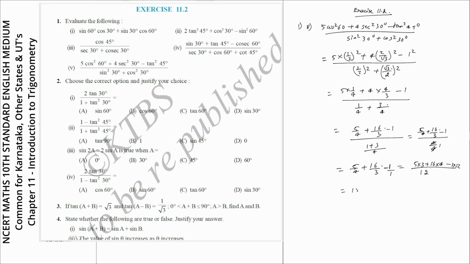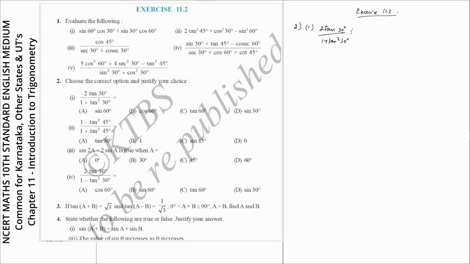So 5 3s are 15 plus 16 4s are 64 minus 1 into 12 is 12, by 12. So I'll get 67, 15 plus 64 is 79, by 12 as the answer.